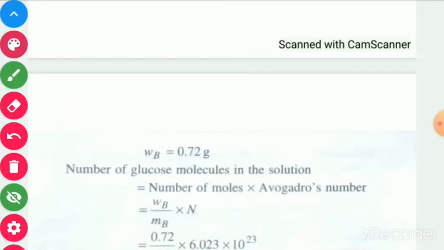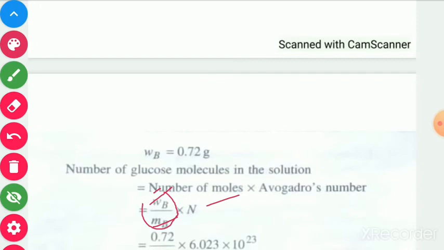So the number of molecules of glucose will be equal to the number of moles of glucose into Avogadro number. And we know that the number of moles is equal to the given mass of solute upon molar mass.